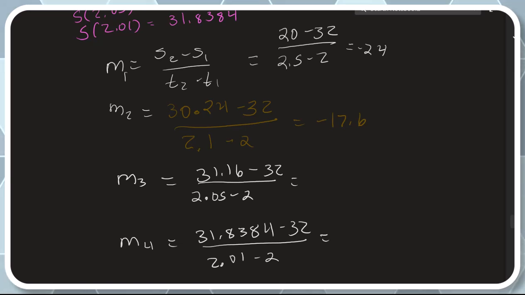I get negative 16.8, and negative 16.16. And these would all be in feet per second.